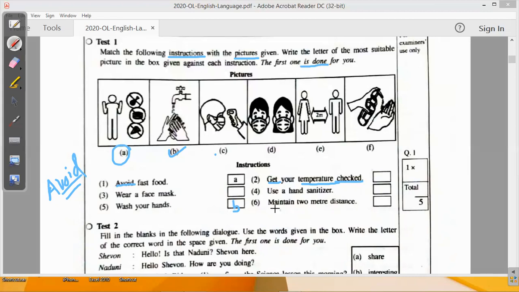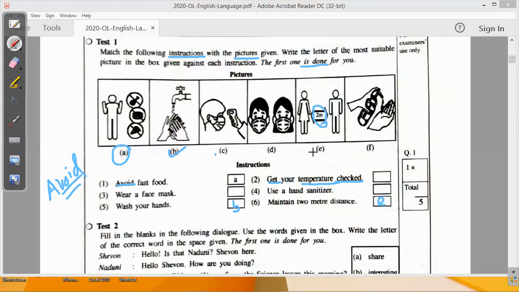Okay. And then the sixth one, maintain 2 meter distance, and very clearly it should be E, because you can see the 2 meter mark here, asking the general public to maintain the 2 meter distance, right? To stop the spread of this viral flu.